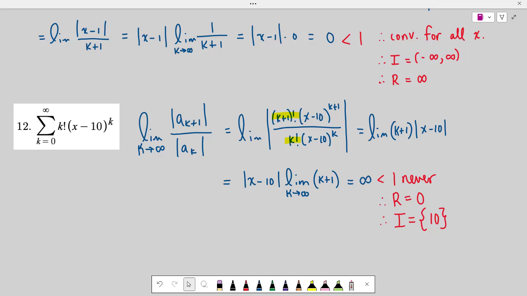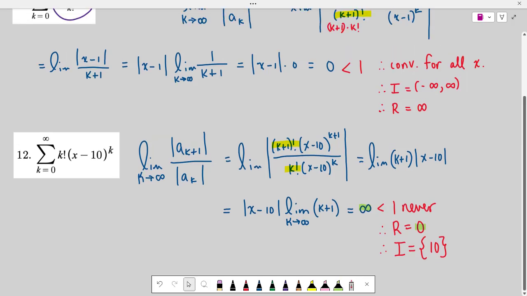But it's very easy to get your signals crisscrossed, because when this limit is infinity, you have a 0 radius of convergence, and when this limit is 0, you have an infinite radius of convergence. So you have to remember the ratio test. The ratio test says you have convergence when the ratio is less than 1.